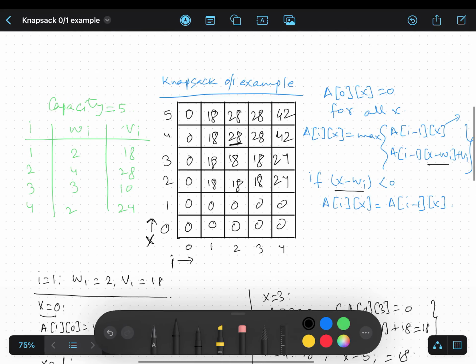So we get a maximum value of 42, which comes out from this and this.